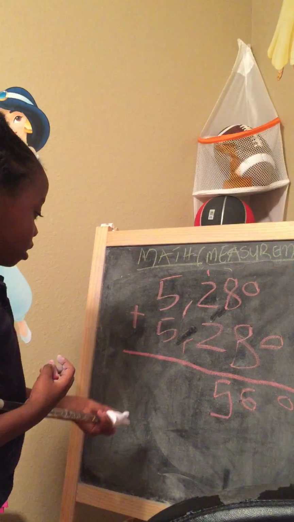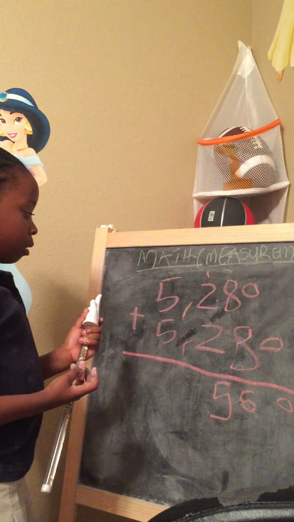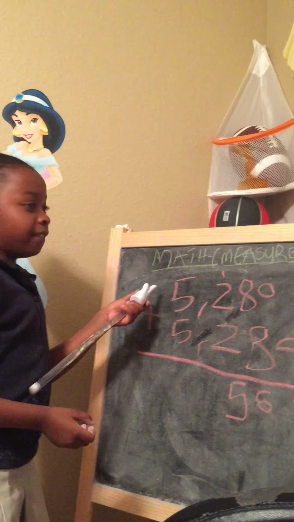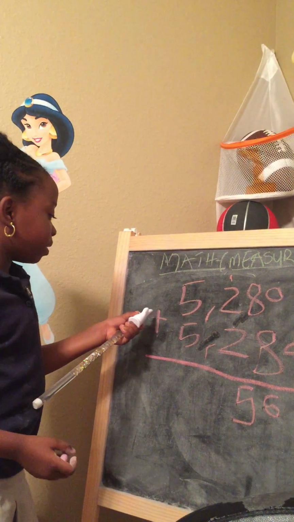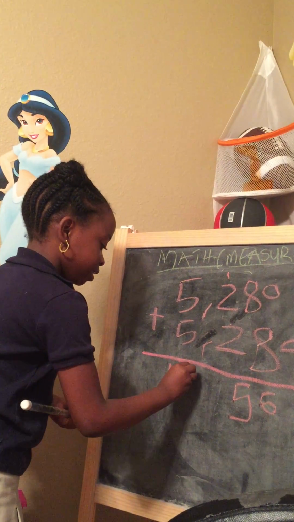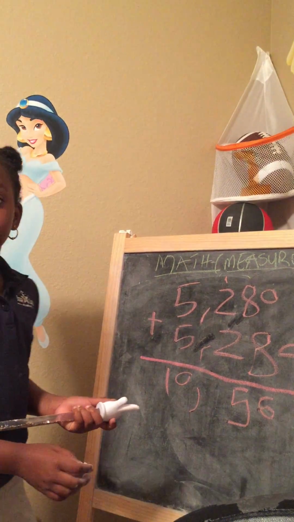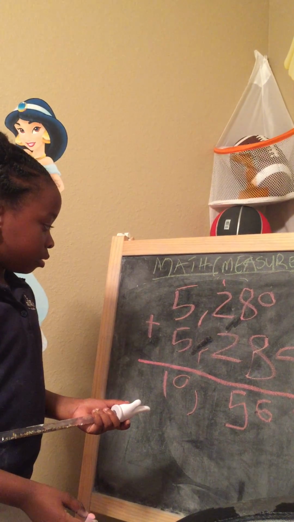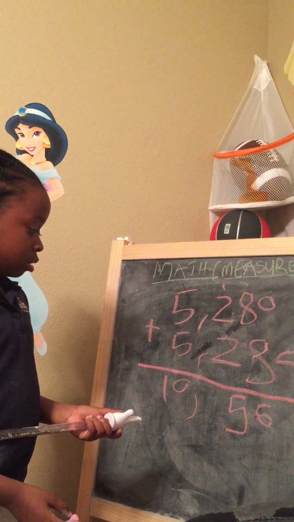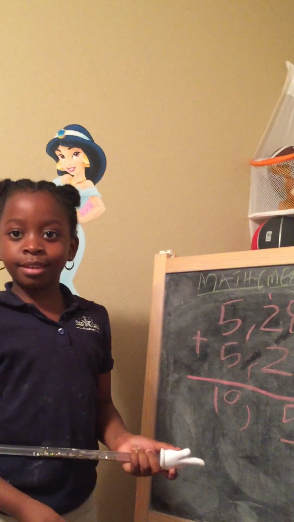And 1. Wait, that was a comma. Oopsie. And 5 plus 5 is 10. So what happened to the 2? The 2 after the 8. Oh, yeah, you're right. You just did that. I'm sorry.